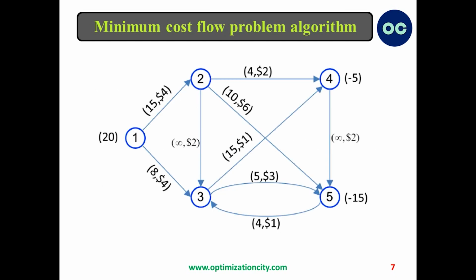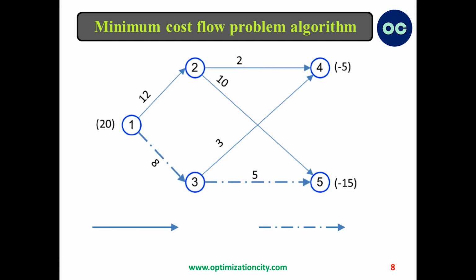In this diagram, each arc is labeled with two variables, A and B. A, the first component, represents the capacity of the arc, indicating how much can pass through it, while B represents the cost of moving one unit through the arc. Now let's look at the initial solution that we will consider here.